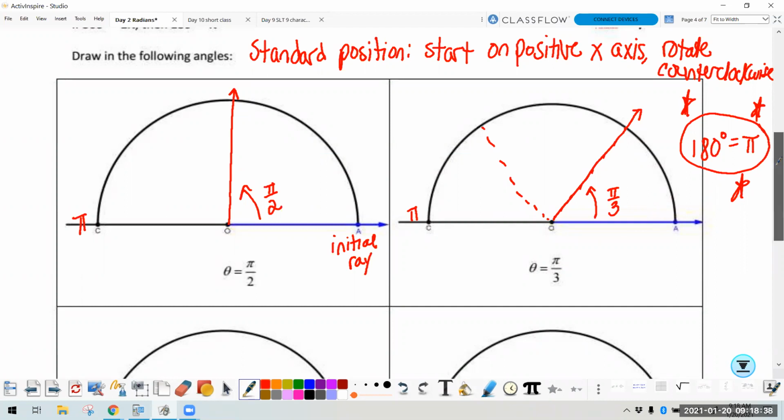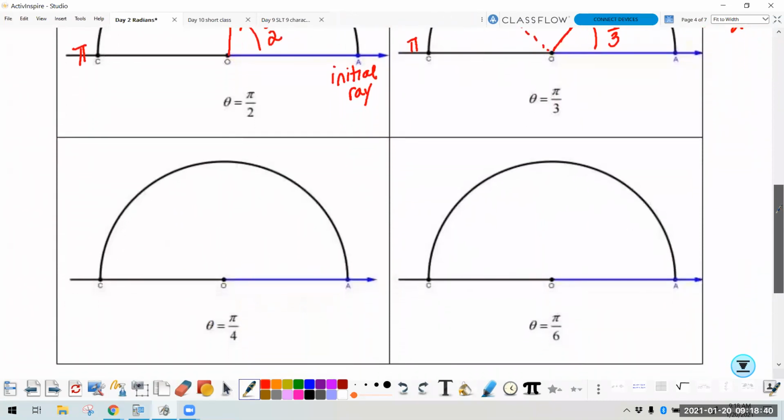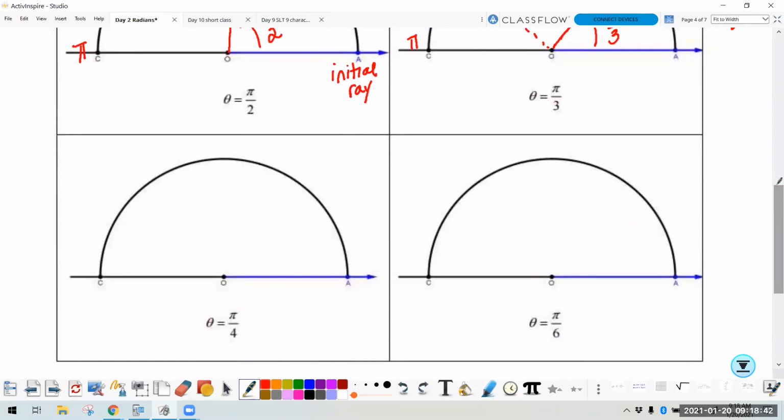Okay, I want you to try these two angles down here, pi over 4 and pi over 6. I'll give you a minute to draw those two.